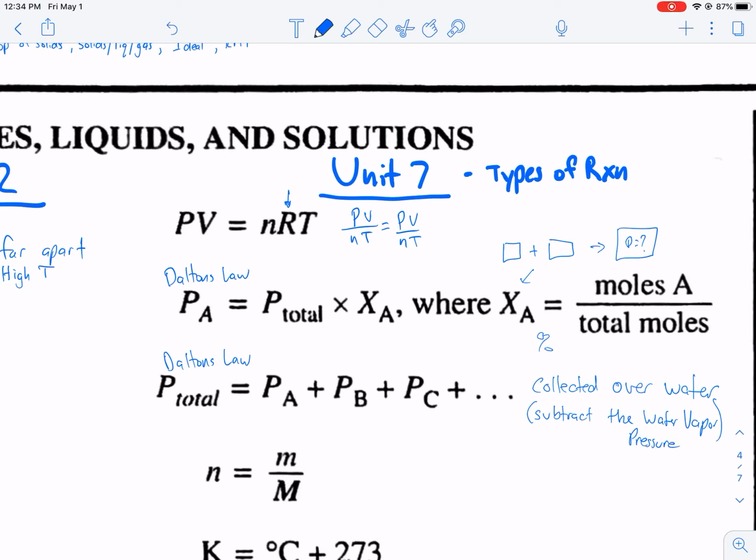So they'll say, oh, you collected a gas and the total pressure of the gas is 1 atmosphere because that's what the barometer is reading. So what is the pressure inside the cylinder if the water is 10 degrees or 20 degrees or something? You would look up the vapor pressure, which is contributing to the pressure inside that cylinder a little bit. So we would use this and just subtract it out. That's where we see that.